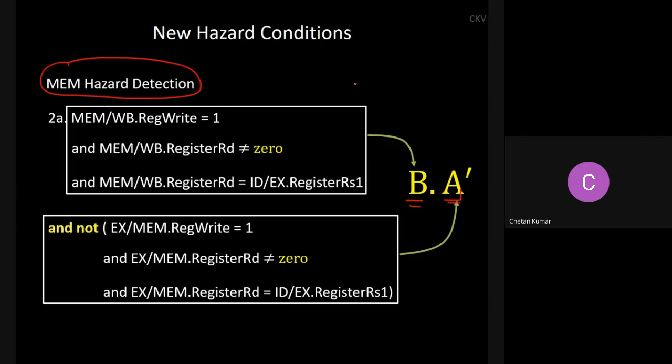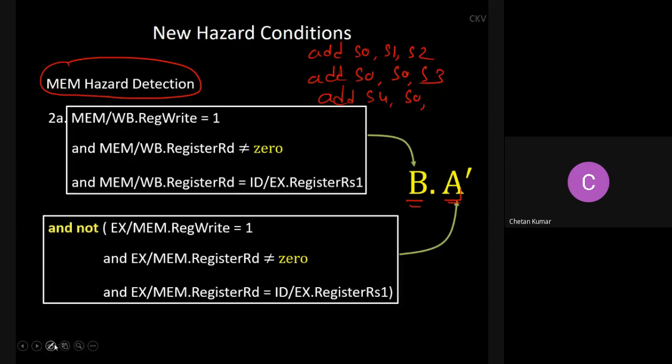Because there will be a problem when you have instructions like add S0, S1, S2 and add S0, S0, S3, and then a sub, where you are using S0 as source. When you have such instructions, you should not forward from this to this. You should be forwarding from this to this.